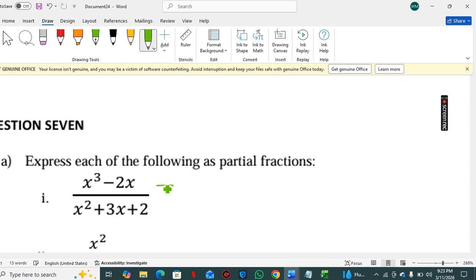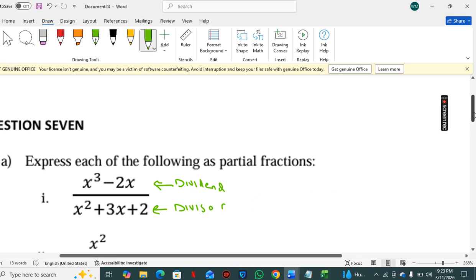This is the dividend, the polynomial that's being split. And this is the divisor. It's the one doing the division. Let me illustrate this here.